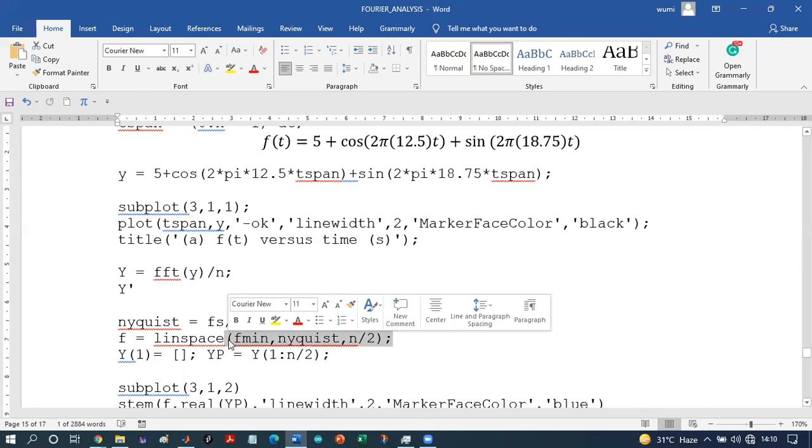So that's why you have this here. So it's not starting from 0 to n. So this is the frequency. So remember that the maximum frequency. So what did we get as maximum frequency when we calculated?